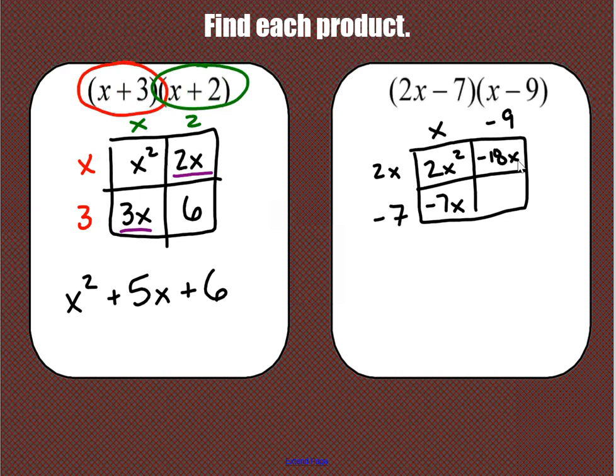Negative 9 times negative 7 is positive 63. Once again, negative 18x and negative 7x are like terms, so I need to combine those. So I'm left with 2x squared minus 25x plus 63.